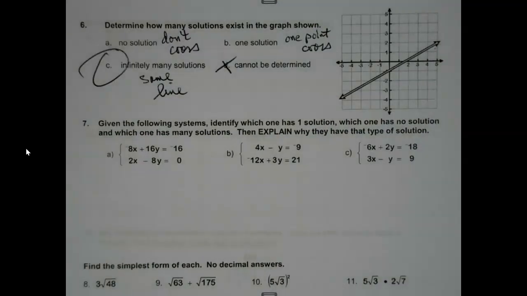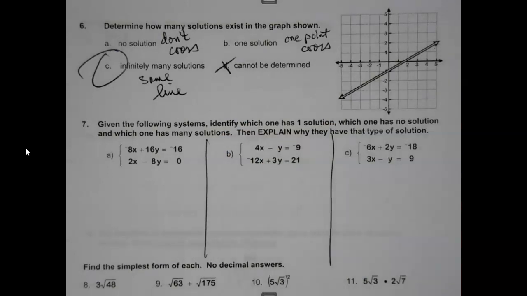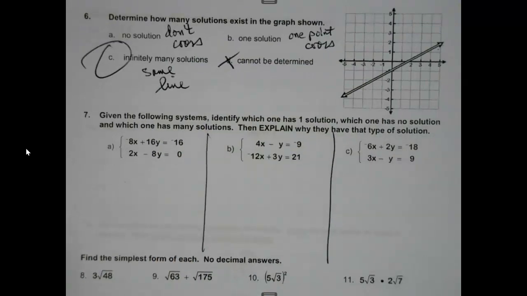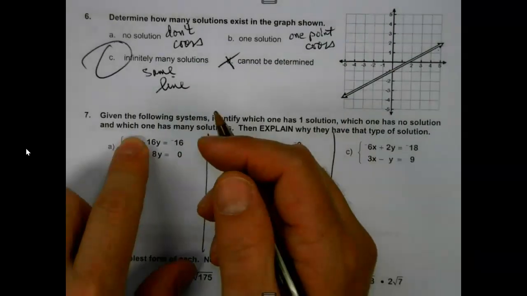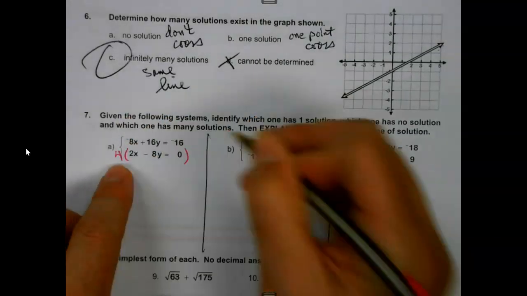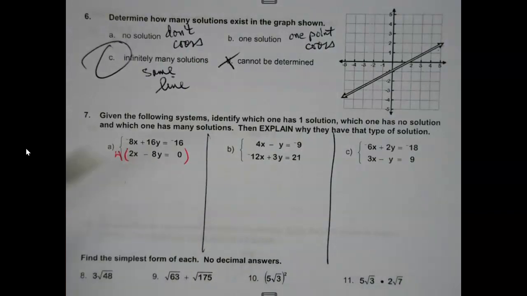All right. Given the following systems, identify which has one solution, which has none, and which has many. I tried to add down. Nothing cancels. What do I got to multiply 2 by to get to 8? 4. We're already in a good positive negative here, though. That's -8. This is going to be +8.